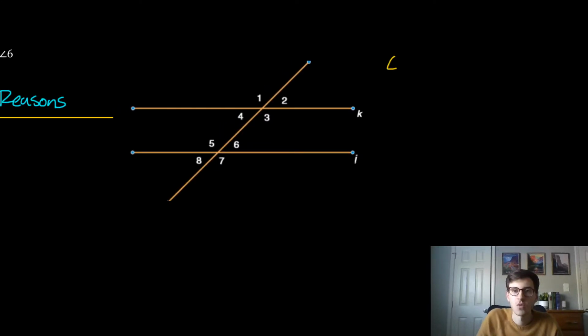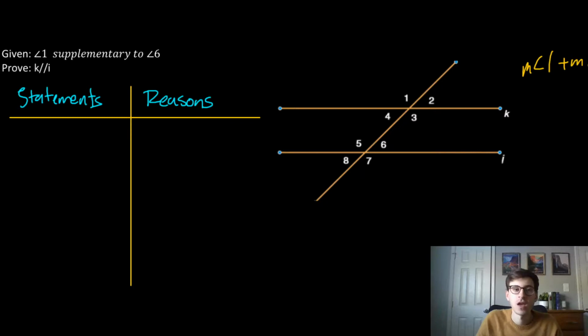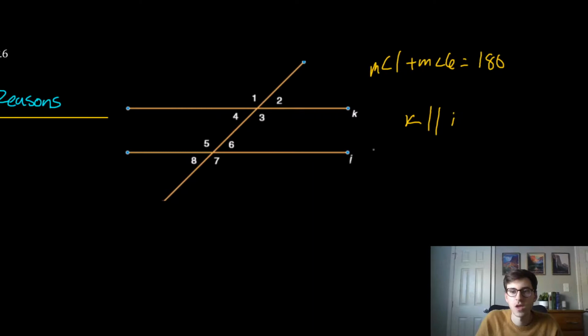I know that the measure of angle 1 plus the measure of angle 6 is 180. Well, that's not exactly what I know. I would have to show that. But again, we're just thinking through. And I'm trying to prove that K is parallel to I. So what are some ways that we could show that K and I are parallel?